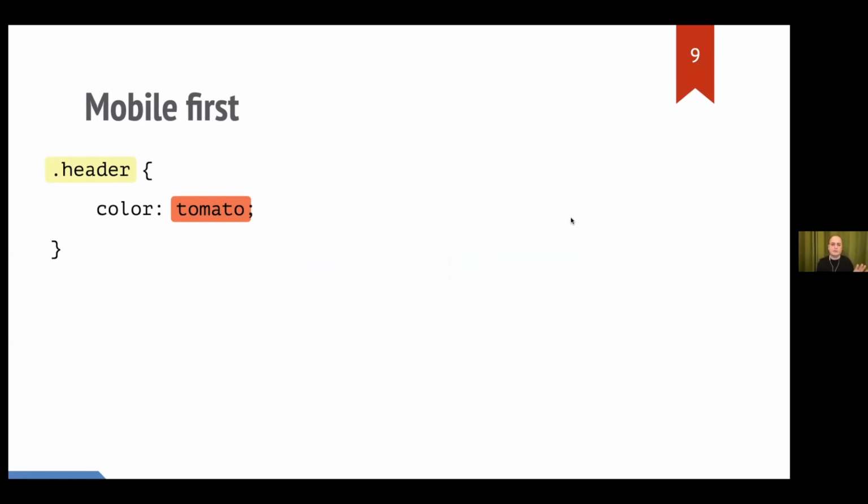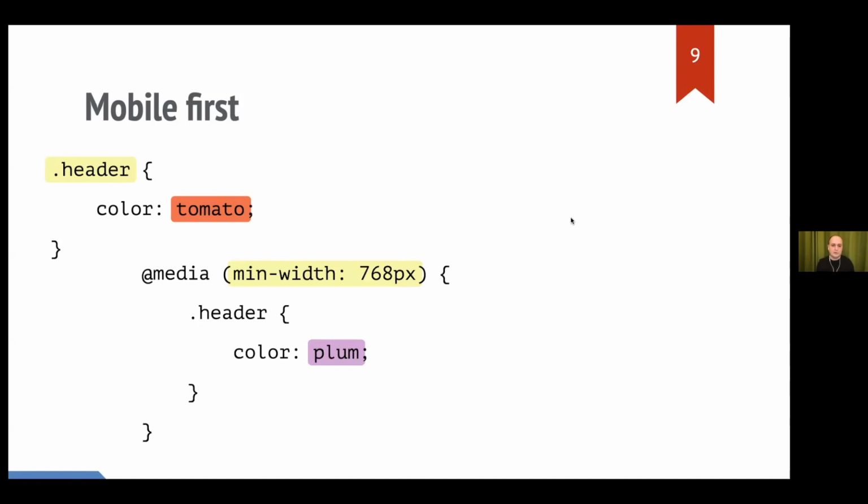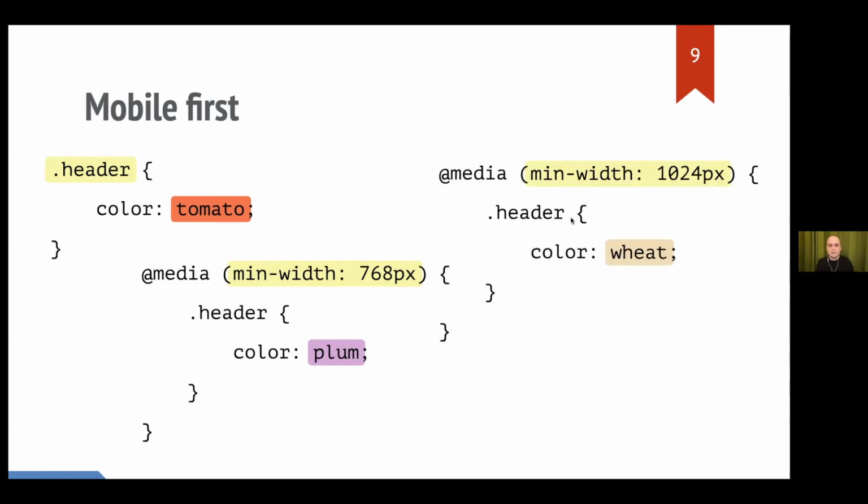For example, you have a component called header, and you want to specify tomato color for the text of it for mobile devices, for small breakpoints. You just write it down as is: header color tomato. Then at some point, at some breakpoint, you want a different color, and you write it like this: min-width 768 pixels, and then color plum. And then you do the same thing for the desktop breakpoint, but with a different color.